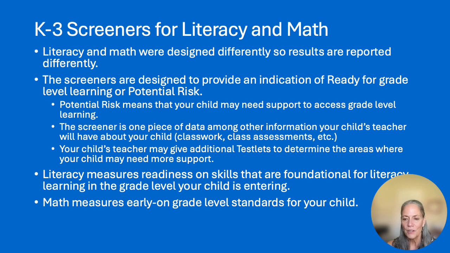This helps teachers get a clear sense right away of where they might need to dig deeper. Potential risks means that your child may need support to access grade level learning. They may need to get some foundational skills in order to be able to progress through the year in literacy.